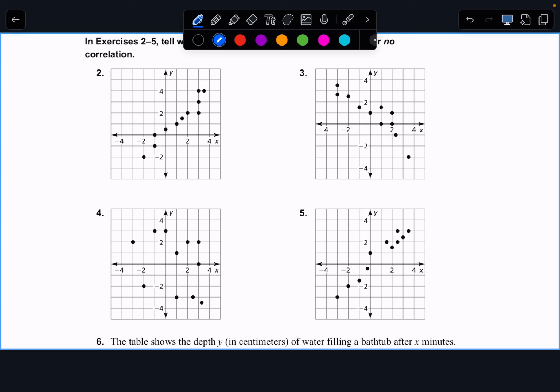Willa, what do you think about number 2? Positive correlation. We could draw a line with positive slope and estimate what is happening. Do you see how I drew a line and some of the dots are on it, some of them are above, some are below? That is estimating what's happening here. Okay? What about number 3?